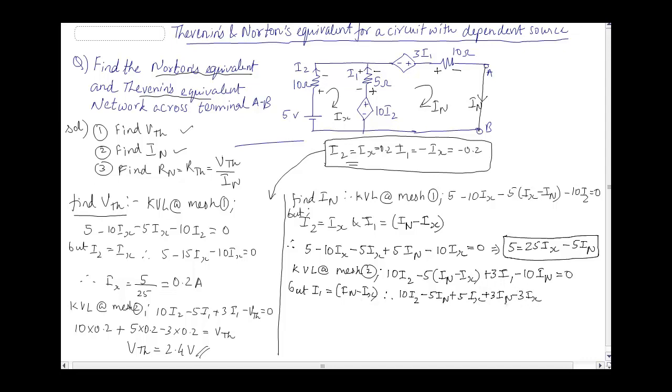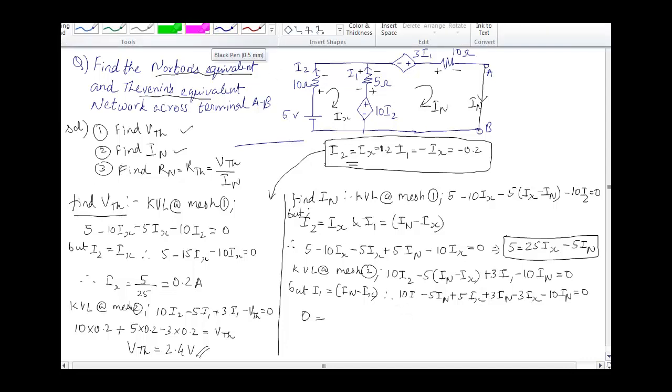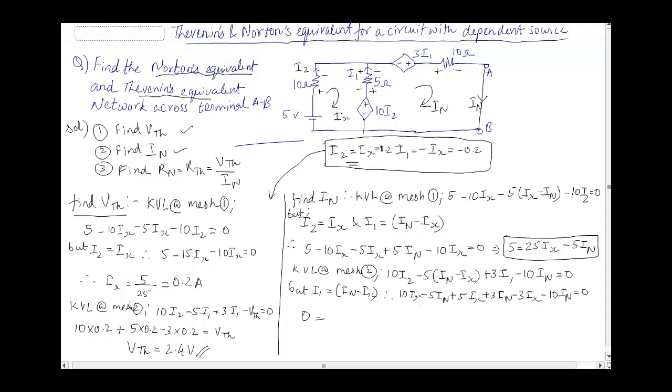Okay, because I1 is in minus ix, minus 10 in is equal to 0. From this one you can very clearly see that there is no value as such. I2 I have not written, isn't it? I2 is already ix, so I better write this I2 as ix. So this I2 also becomes ix. Why? Because I2 is equal to ix.